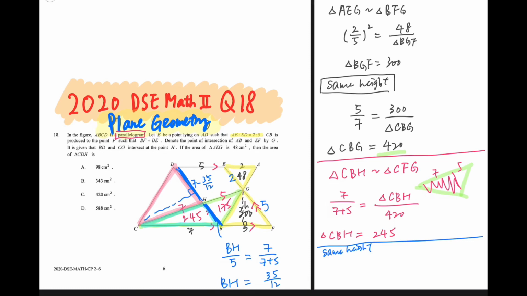So base to base ratio, 7 minus 35 over 12 over BH, which is 35 over 12, for these two, the red one over the blue one. And then it means 245 with the red one is our final target, triangle CDH.